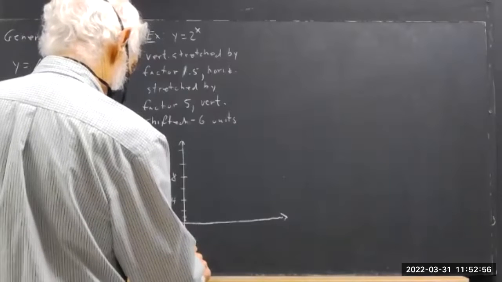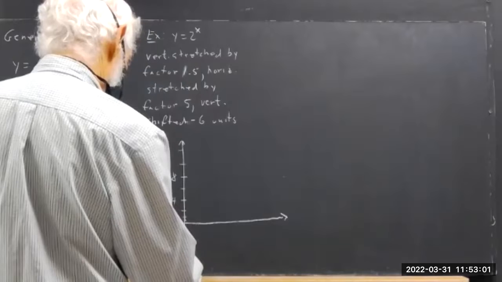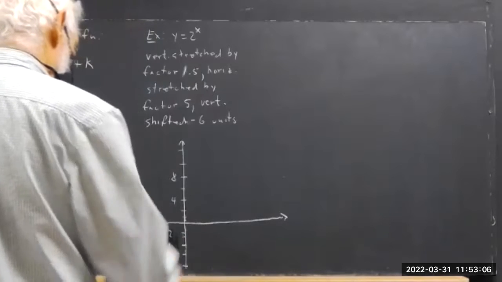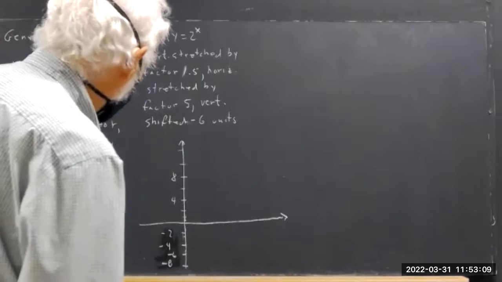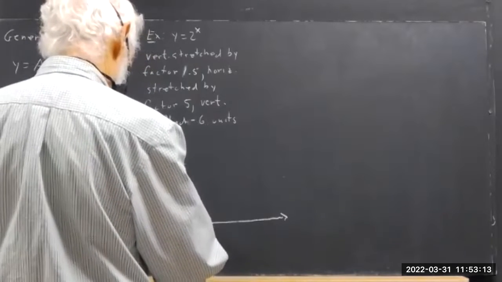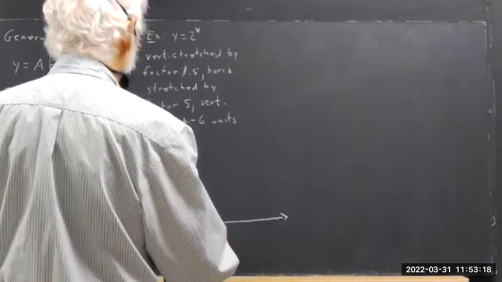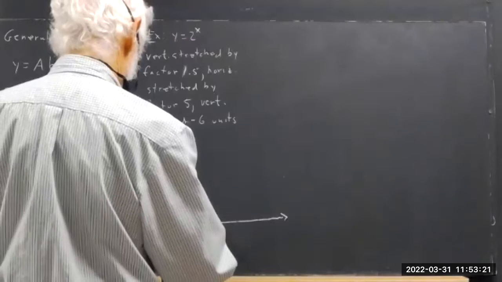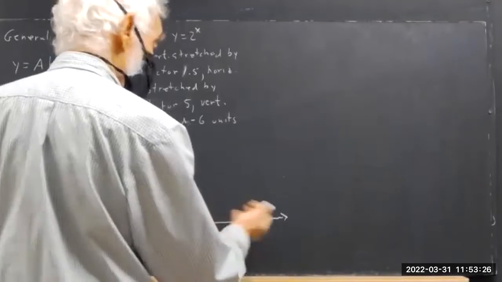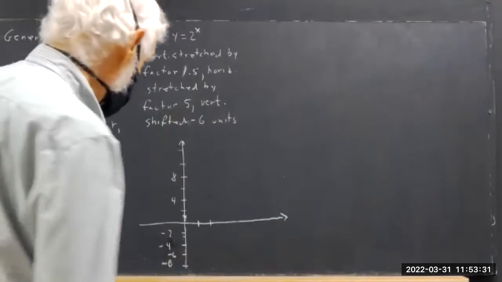So then -4 would be like here. -6 here. -2. Okay. Now our graph of the 2 to the x function goes from this point, and let's say I'm going to put 1 here, and I'm going to put 2 here because of what I'm going to do later, which is horizontally stretch it by factor 5.